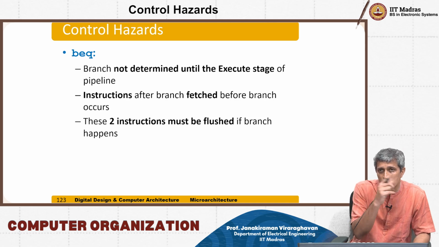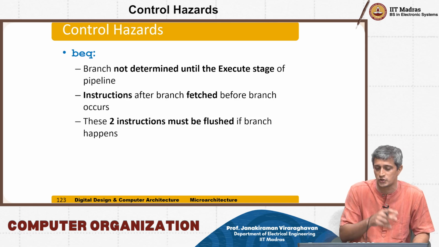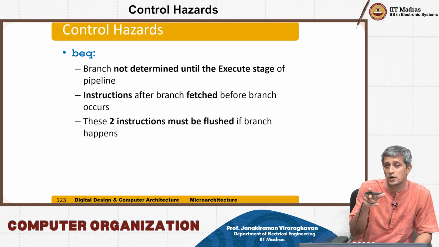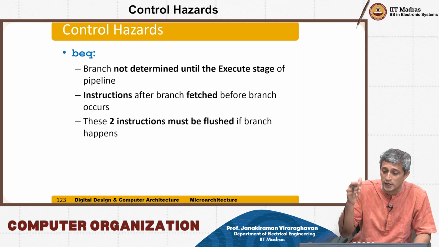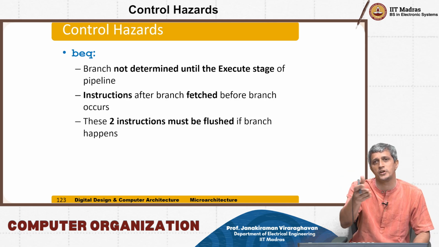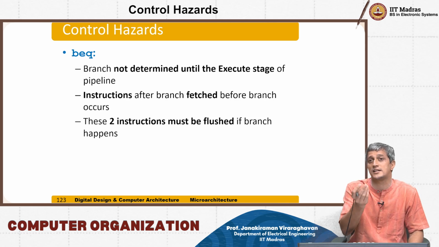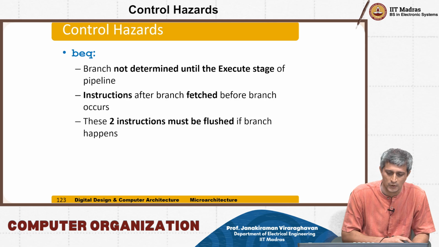If they are equal, then you're going to branch, otherwise you do not branch. So the branch on equal is a harder thing to handle, where the branch is not determined until the execute stage of the pipeline finishes, because that's when the ALU gives you that result and sets that zero flag, as we call it, right?